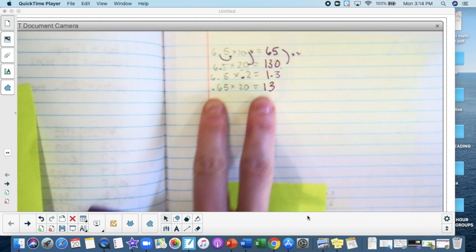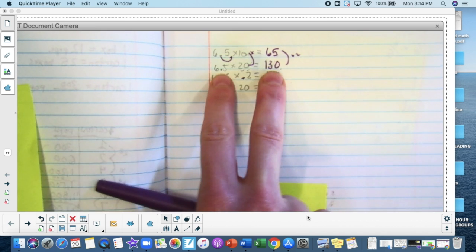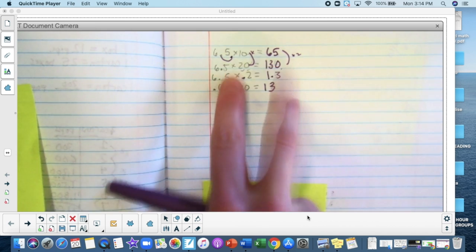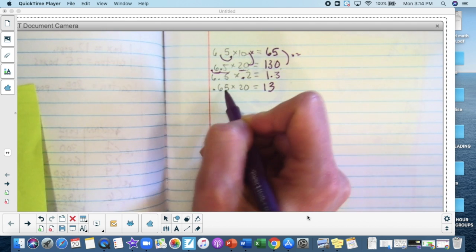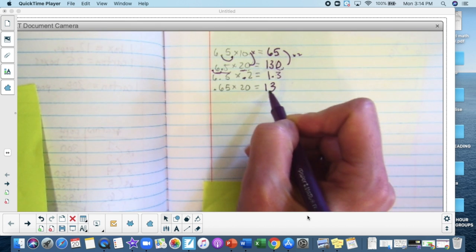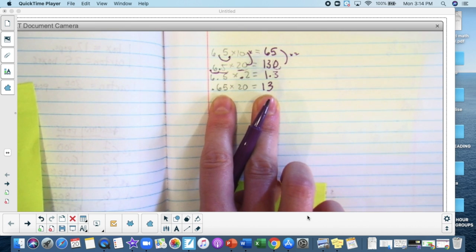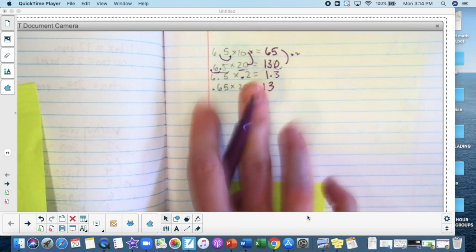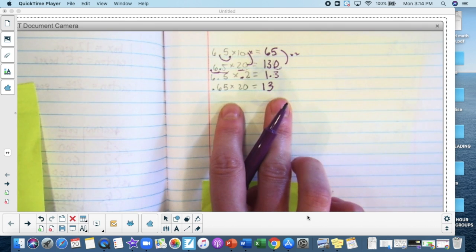So just play around with these numbers. When you have something like this, if I compare these two, if I look at this one, my decimal moved over 1 to the right there, and so my decimal will move over 1 from the right there. So when you're thinking about numbers, always think about how they're connecting or how what you already know about them can help you solve something new.